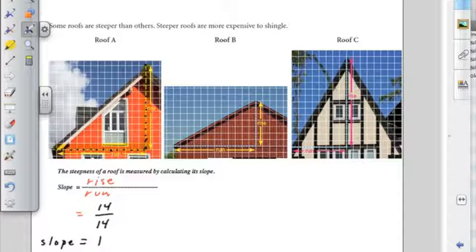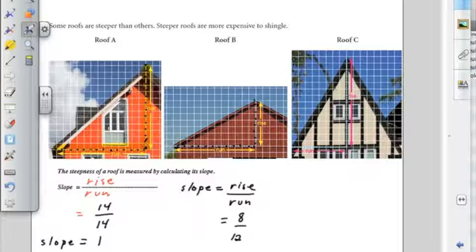The other two diagrams: if we were to calculate the slope of roof B, we would count it out and find that it has a rise of 1, 2, 3, 4, 5, 6, 7, 8, a rise of 8, and a run of 1, 2, 3, 4, 5, 6, 7, 8, 9, 10, 11, 12, a run of 12.